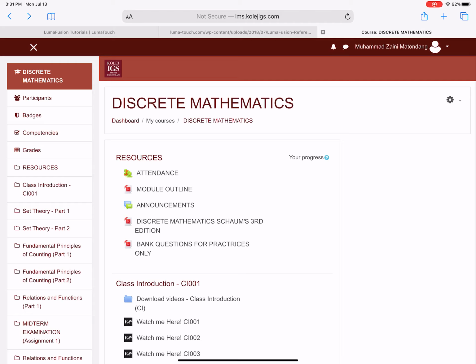From this book, you can download it, and then you can see inside there are so many examples, questions complete with solutions, also questions without any solution for your practice. But you can see there are so many in there that you can make use for your practice. Also, the last one here is I put bank questions for practice only. So this is also bank questions.